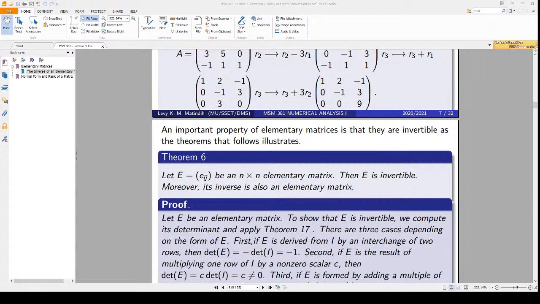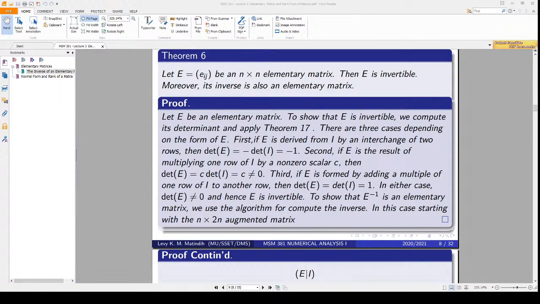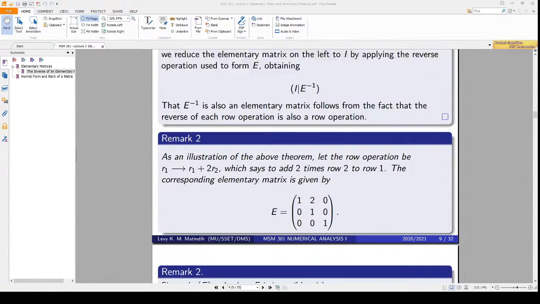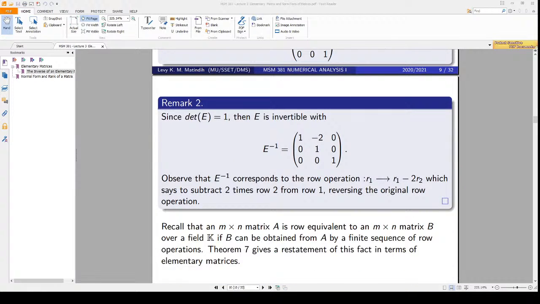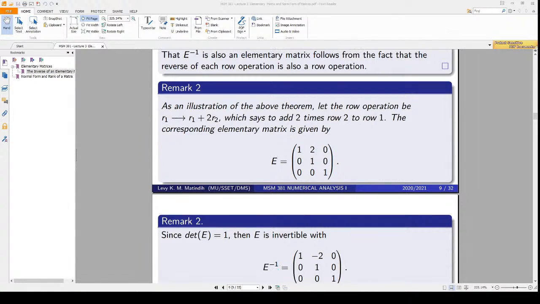You have this elementary matrix that has got an inverse, and the inverse of this elementary matrix is also an elementary matrix. So this is the proof, which is very short and simple. You can go through it as it is displayed; it's a very cardinal proof.